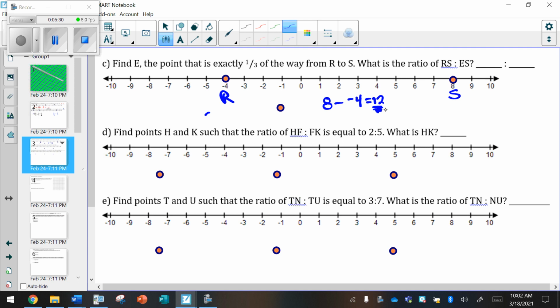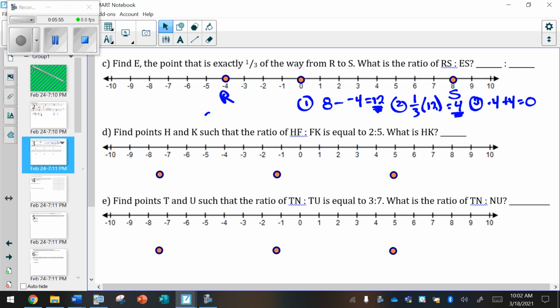Then to figure out the point that is exactly 1/3 of that distance, I would do 1/3 of the distance between them, so that I know 1/3 of the way would be 4 spaces. And then I would take the position point for R and add 4 spaces to know where the position point is for point E.